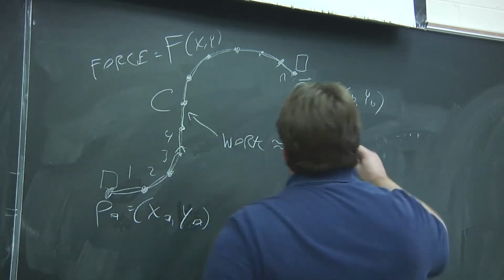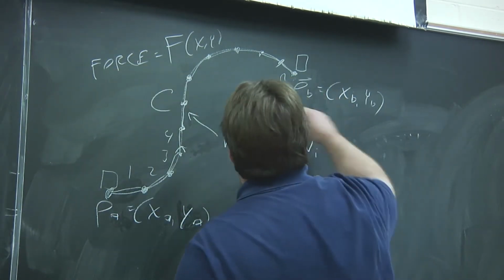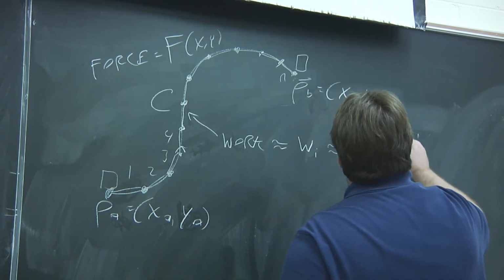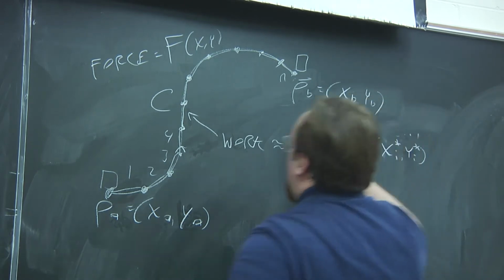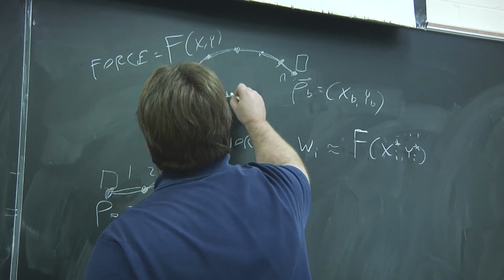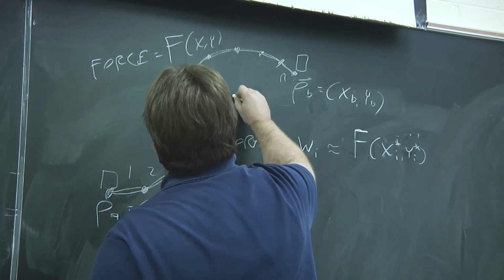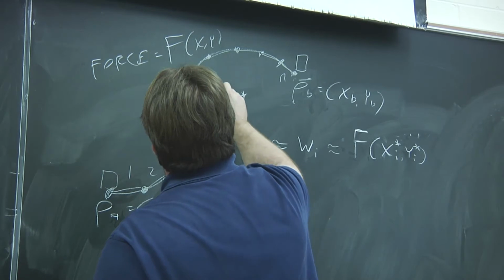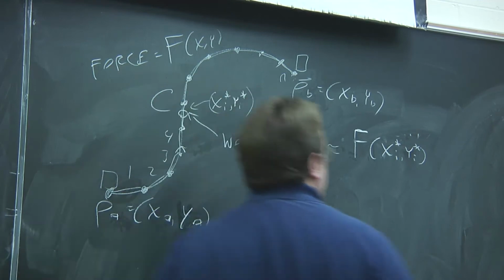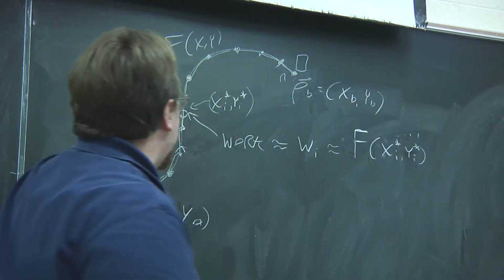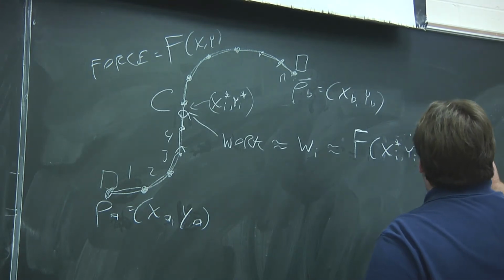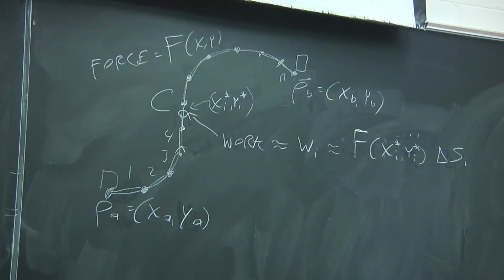Then the work is going to be roughly the force at some point on this segment. So it could be this point right here, xi star, yi star. So any point in a segment will do. Okay. So we get our force from that point, and then the distance will be the length of a segment, and I'll call that delta S i. So that's the work along each piece.